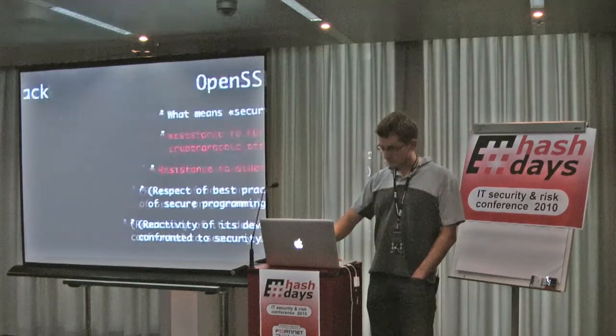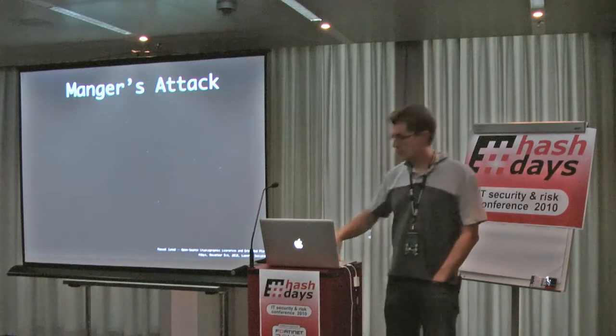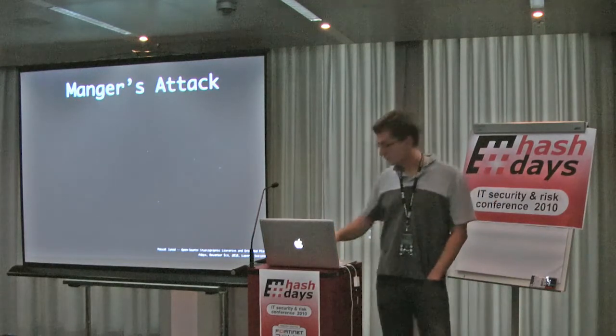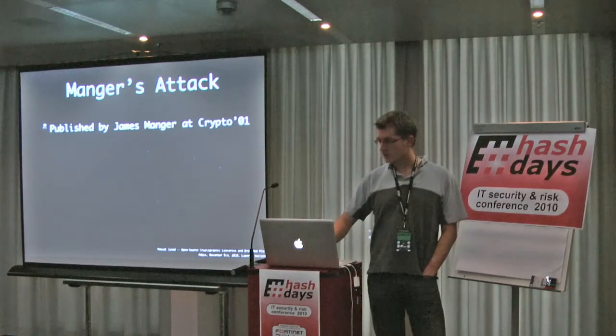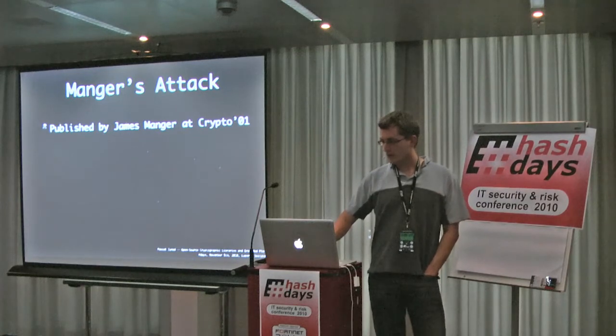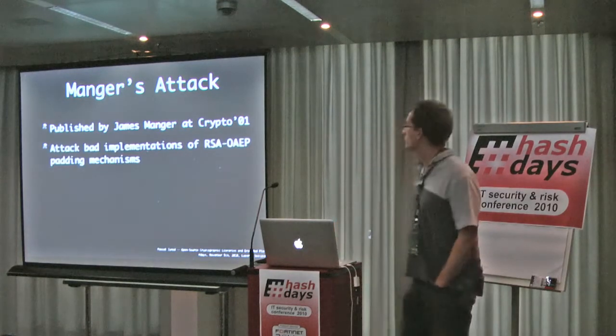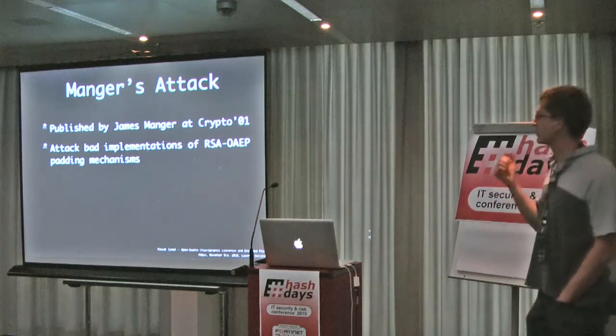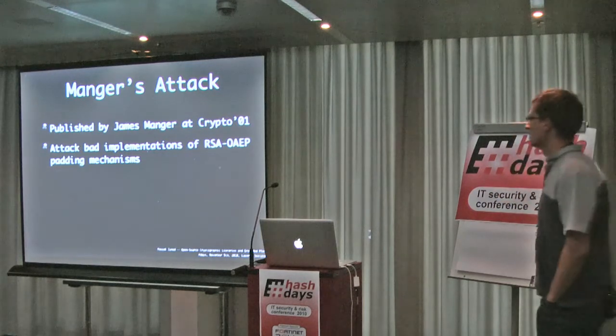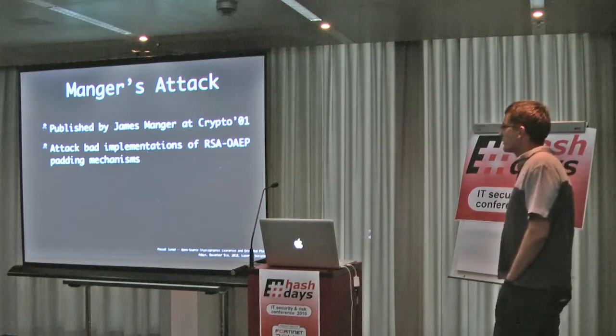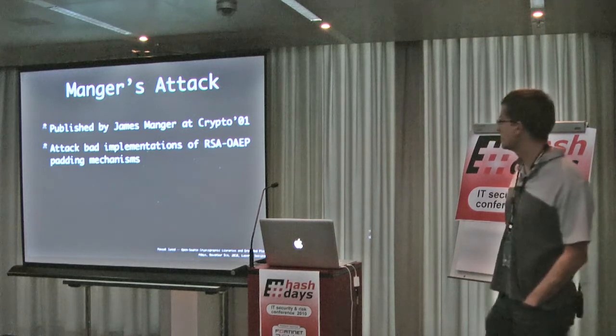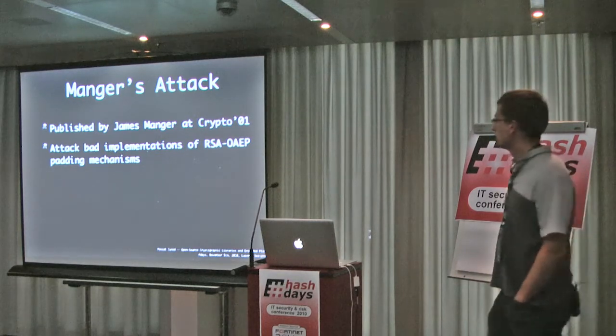And for this, I chose an attack which was invented by James Manger at Crypto 2001. It's a kind of mathematical attack, but also a side channel attack. It attacks bad implementations of the RSA OAEP padding mechanism.